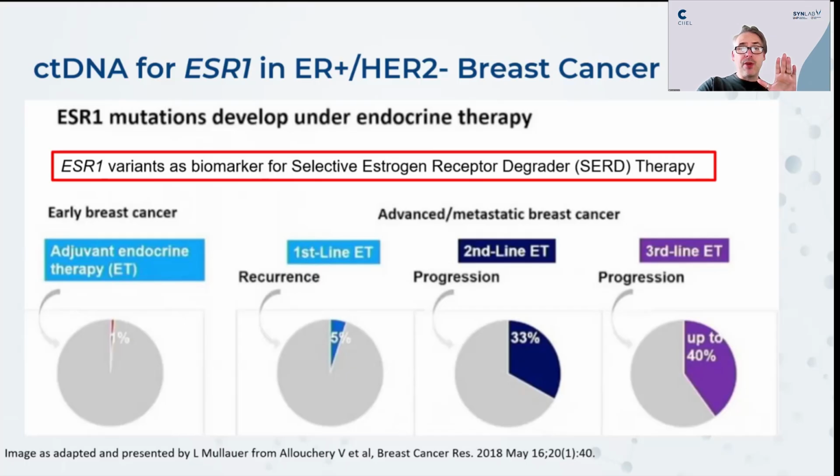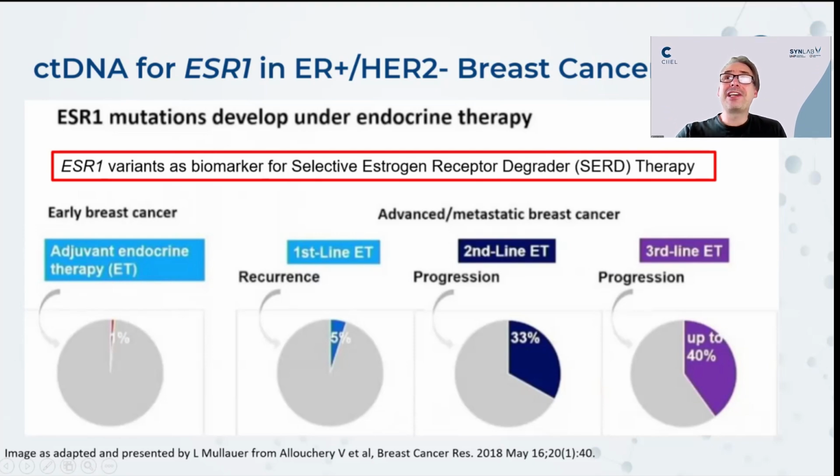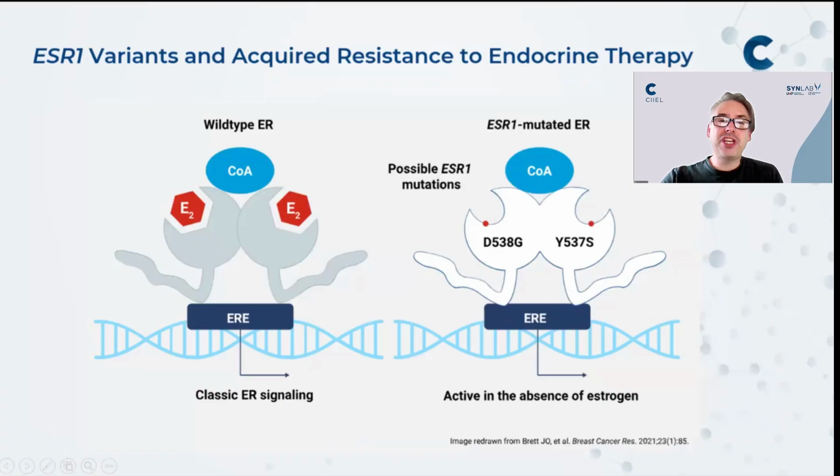And so there was a new class of selective estrogen receptor degraders, or SERDs, and the first of these was going through clinical evaluation through NICE, which is our clinical accreditation scheme in the UK. So we were all asked then to bring on our ctDNA technology.